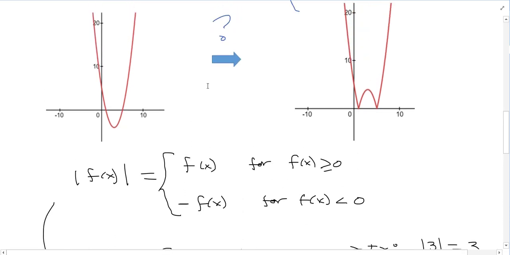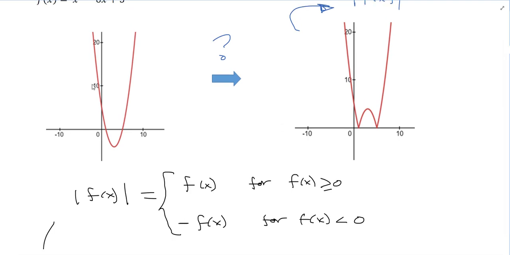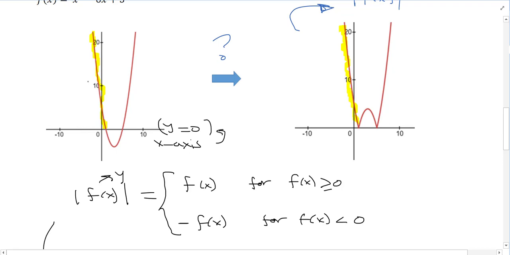So that's kind of what this is too. Looking at the graph, whatever is positive stays positive. This part over here is already positive, the y values are positive, so that will stay positive. f of x is just a fancy name for y, so you're looking at the y values. The line y equals 0 is the x-axis. Above the x-axis, y is positive, and below the x-axis, y is negative.